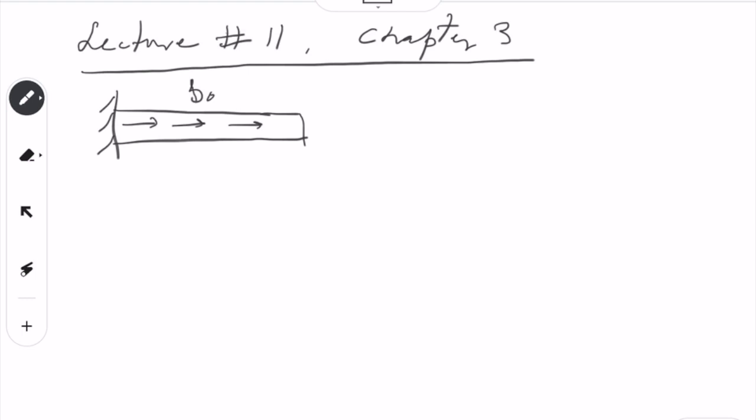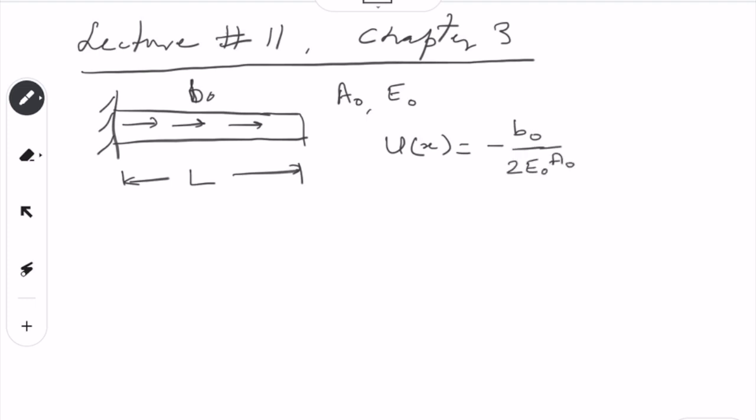Then we had length equal to L, area A naught, and Young's modulus E naught, and we found the exact solution which looks like U x equal to minus B naught over 2 E naught A naught x square, plus B naught L over E naught A naught x.